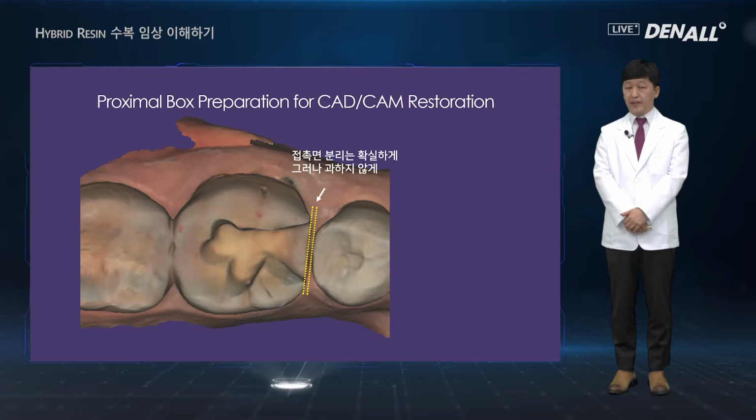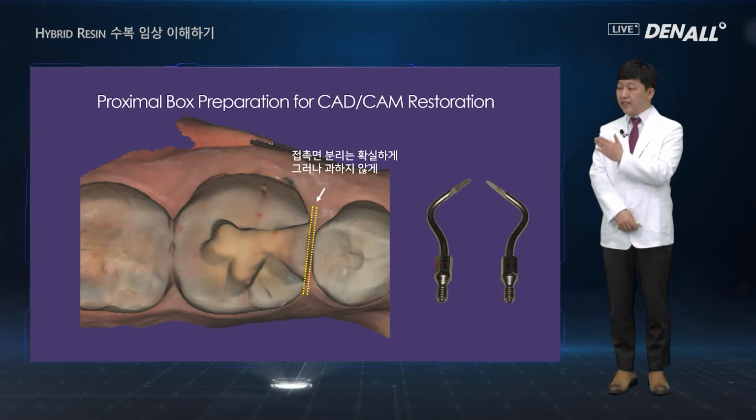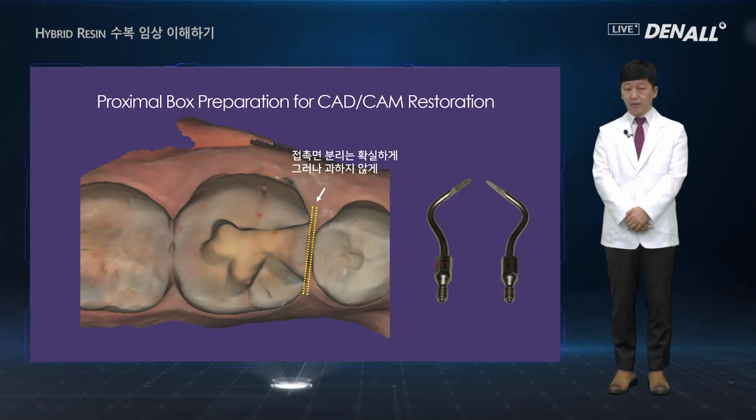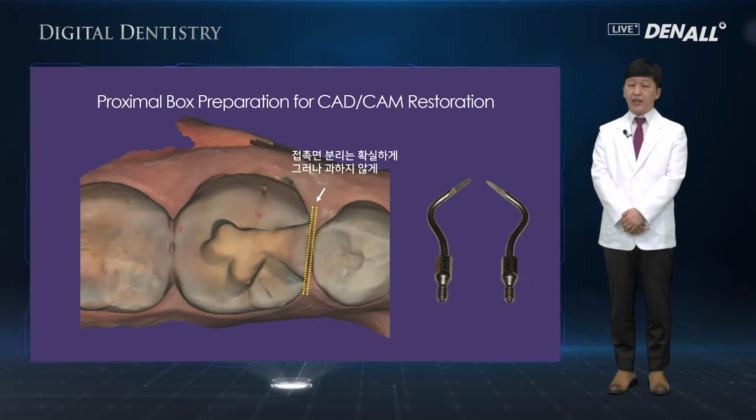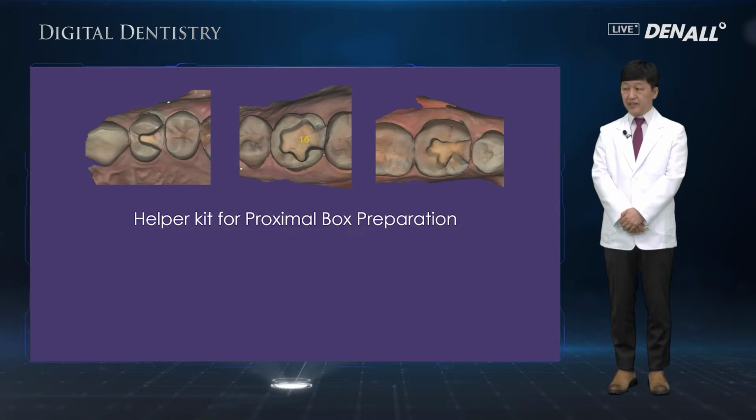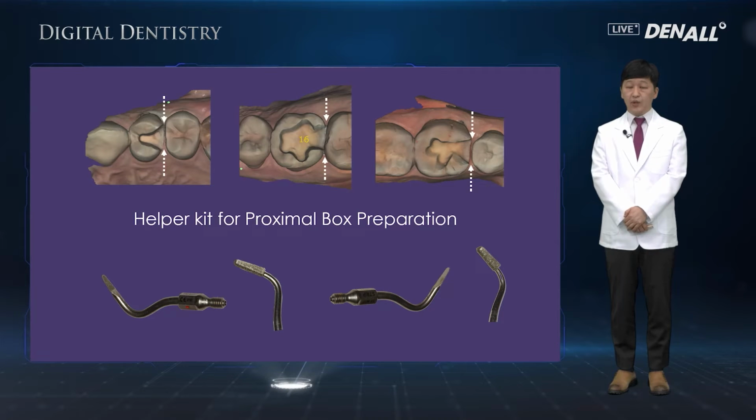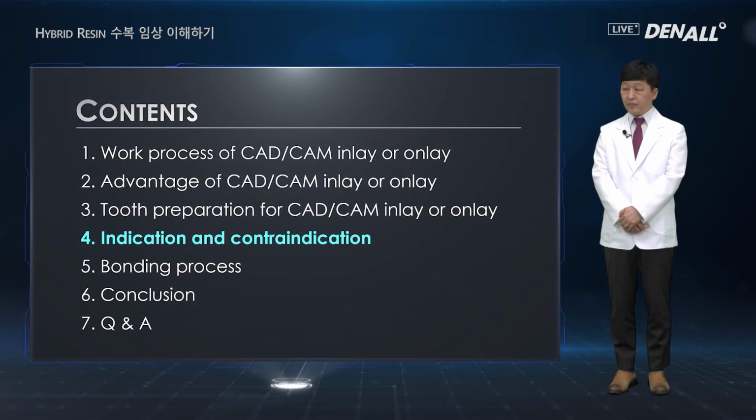In order to separate it, you can use disc type of ultrasonic device to remove it very appropriately. To summarize, when you form proximal box, the following ultrasonic helper kit needs to be used. I would like to emphasize this point.